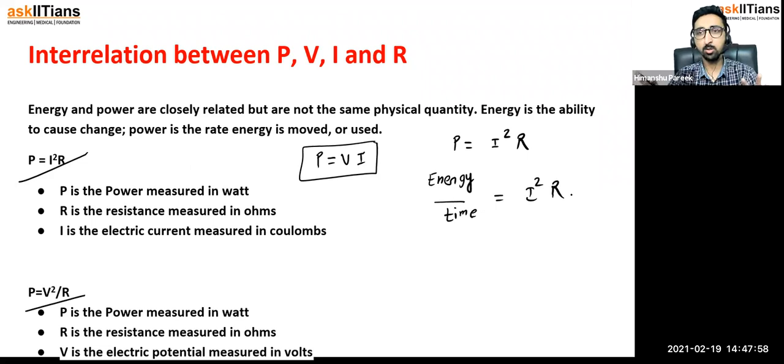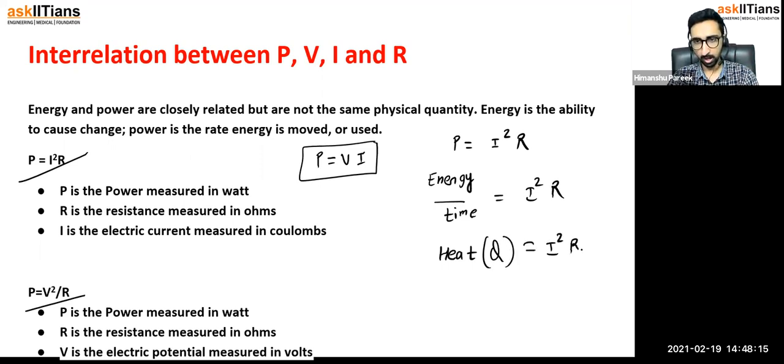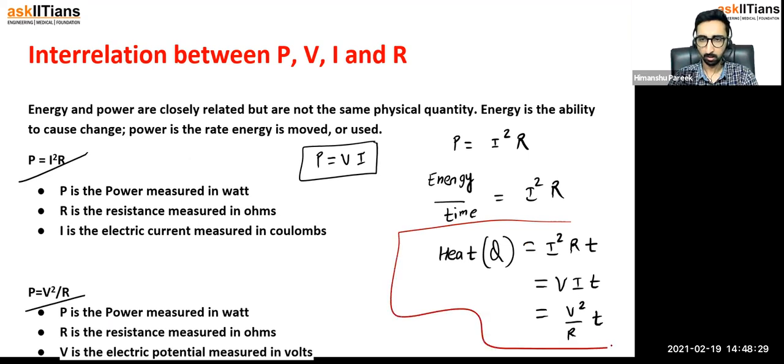So that much energy is being generated there as heat. So heat generated, which I will denote by the symbol Q, is equal to I square R multiplied by T, or VIT, or V square by R multiplied by T. These are the formulas for heat generated across the resistor, along the resistor, whatever you say.